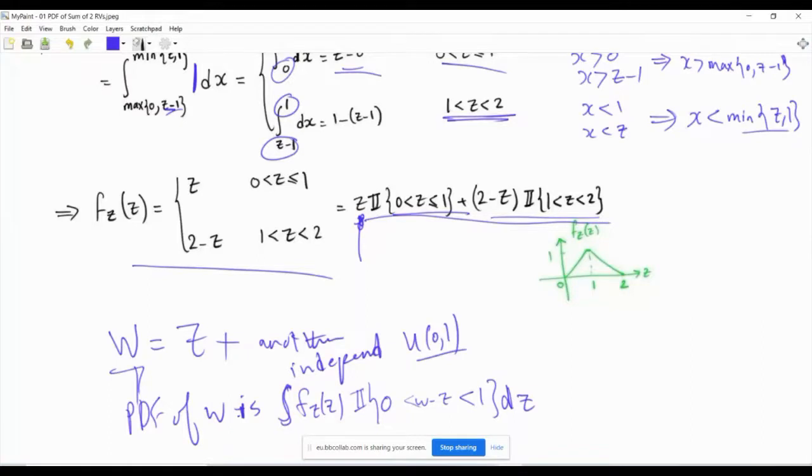The tool for doing this is something we will study later in the course called the characteristic function. If you know system theory, the characteristic function is like the Fourier transform, and Fourier transforms have this nice property that they convert convolutions, which are integrals, into just products. Okay, and so we'll talk about this.